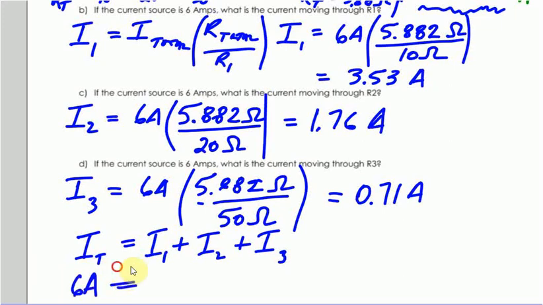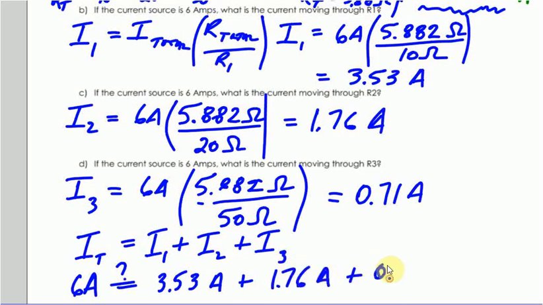That should be, if everything checks out, equal to 3.53 amps plus 1.76 amps plus 0.71 amps. We're trying to see, does the left side equal the right side? Grab your calculator and just check that to see if that makes sense. 3.53 plus 1.76 plus 0.71 equal to, comes out to exactly 6. So right side equals left side.